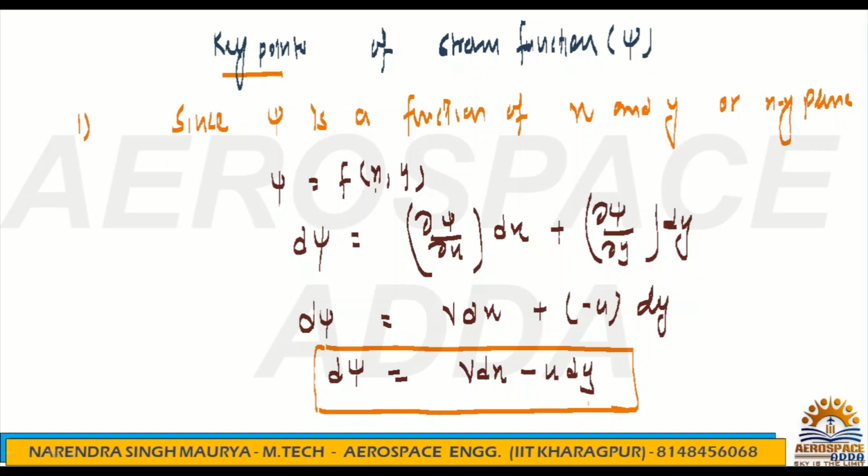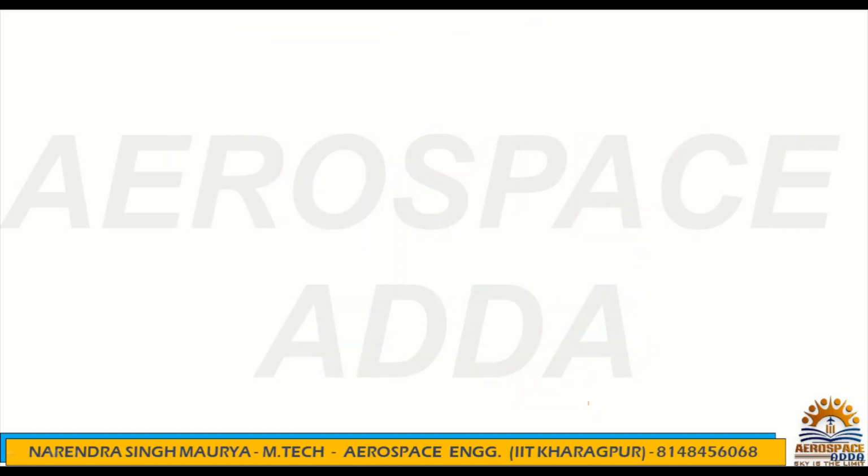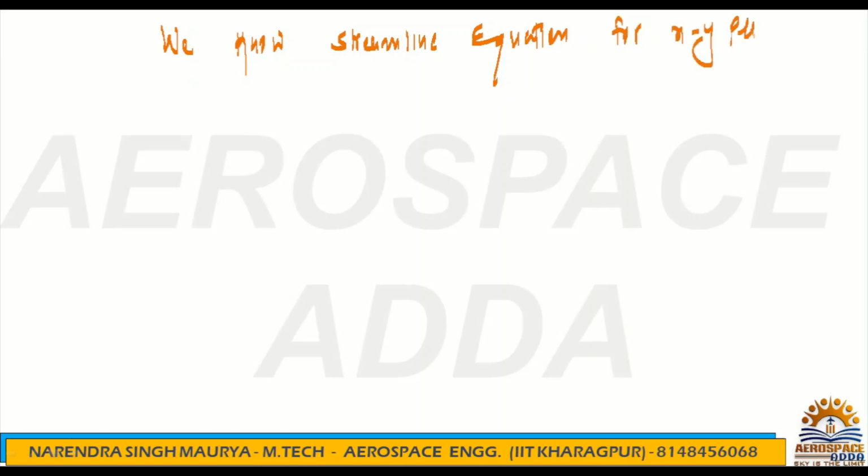Now one very good outcome you are going to get here. Streamline, I had defined an equation of streamline. Just listen carefully and use this application. We know the streamline equation for the xy plane.